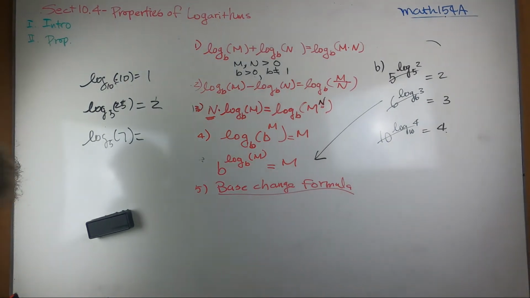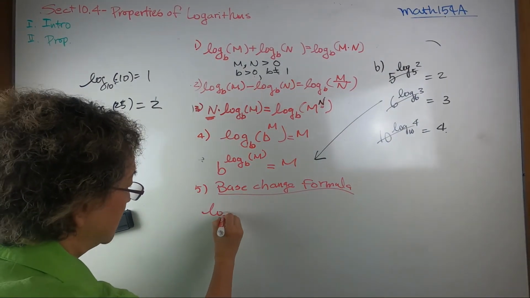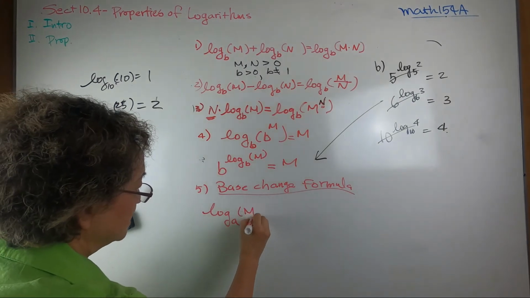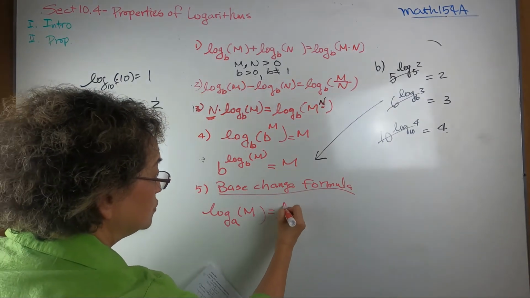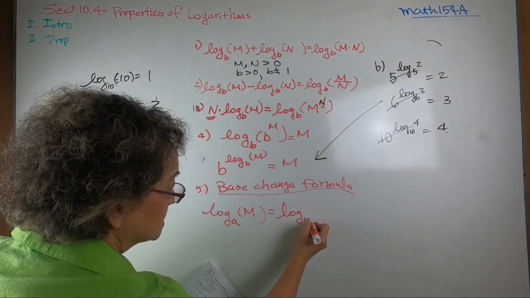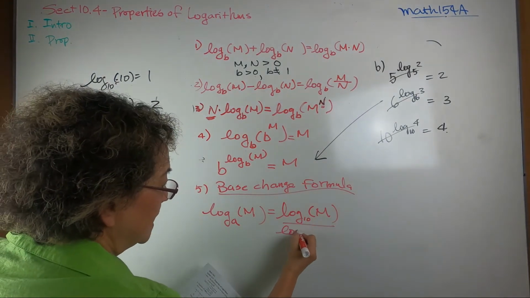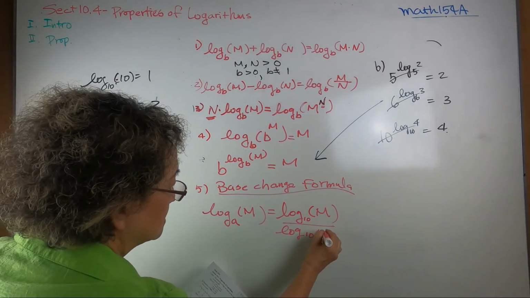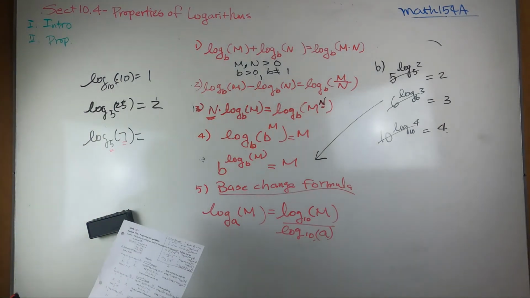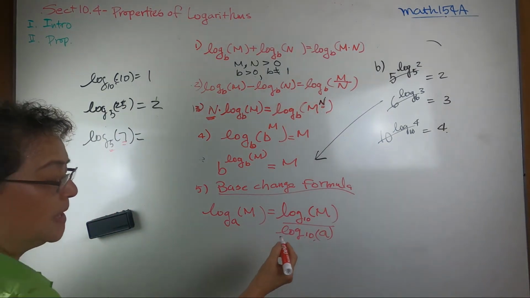Okay? Then we need to use this base change formula. So what it's saying is when you have a base, it's not 10, it's a. Then you have something inside like 5 and 7. So you can use base 10, okay? Put m here, divided by log base 10 of a, we use 10, okay? Then put the a in here, okay? So actually you don't have to use 10, you can use any base.